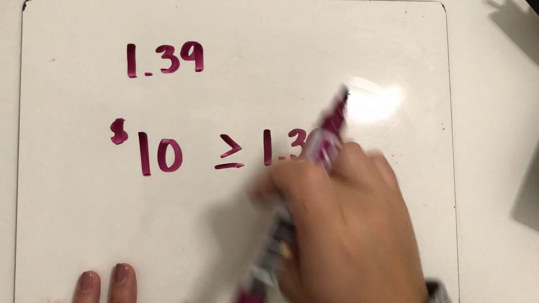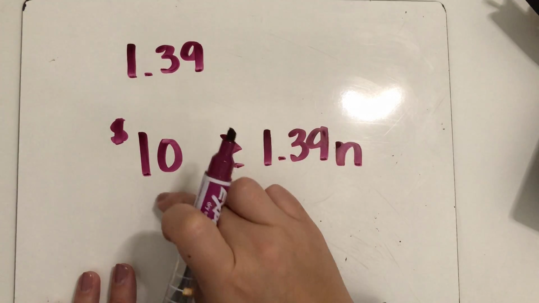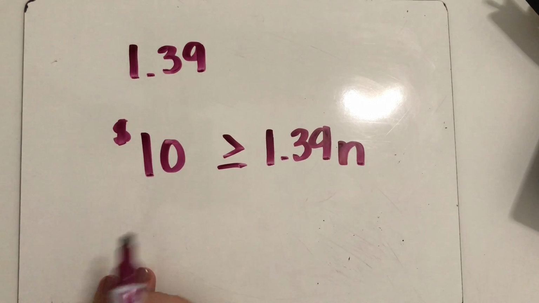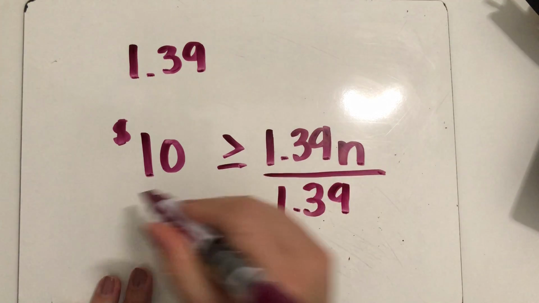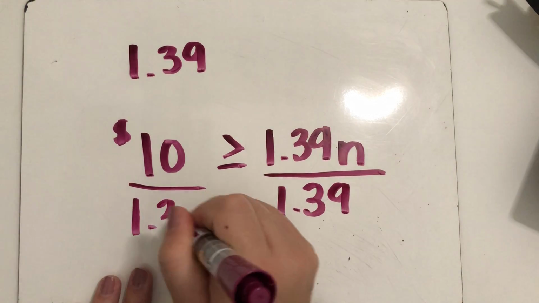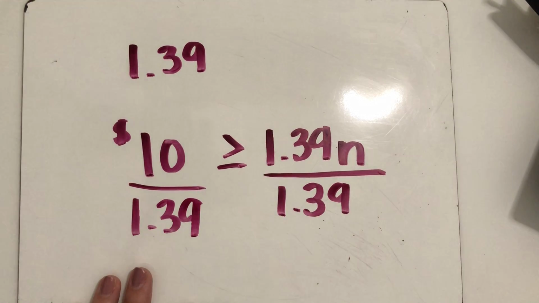So my amount of notebooks needs to calculate less than that 10. So again, I'm gonna follow my inverse operations and I'm gonna divide by the 1.39. So I'm gonna take that 10 and divide by 1.39.